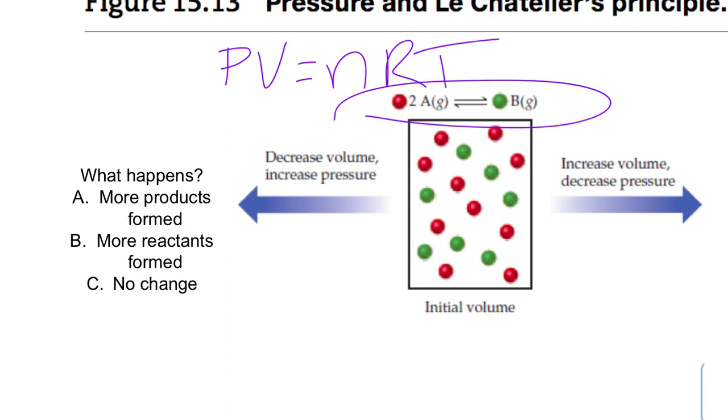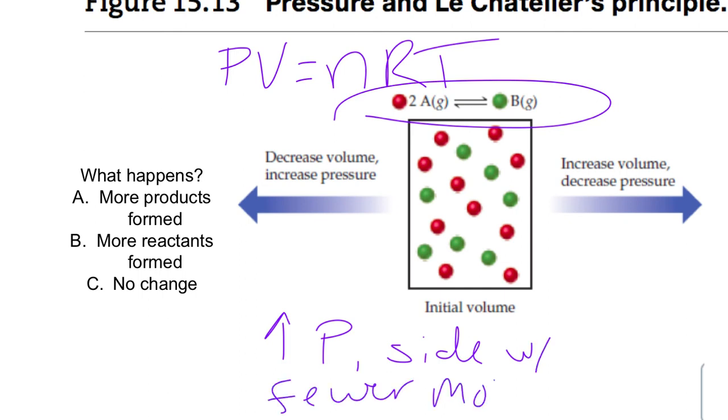If we decrease the volume and increase the pressure, the side with the fewer moles of gas is favored. So if we increase P, the side with fewer moles of gas is favored.